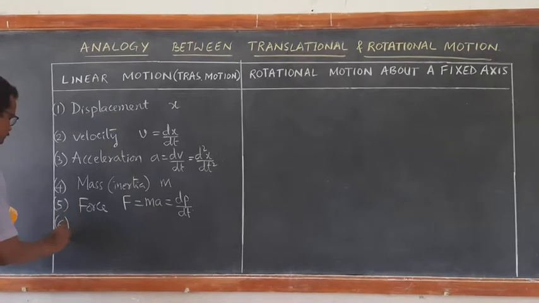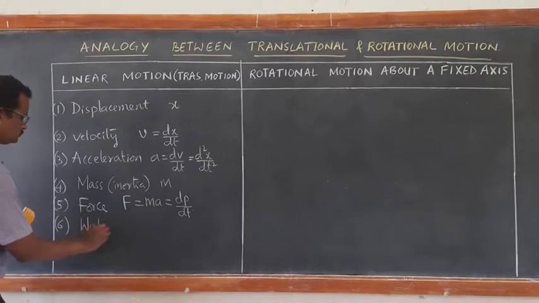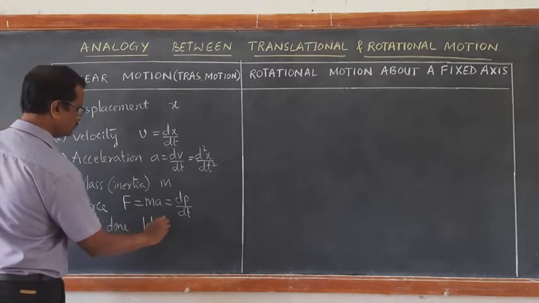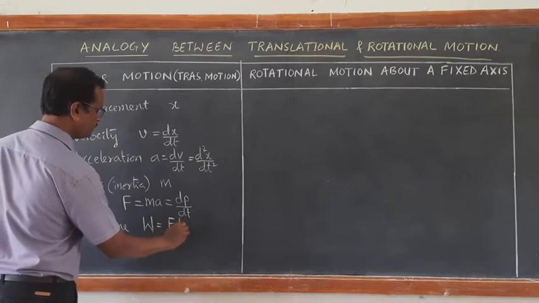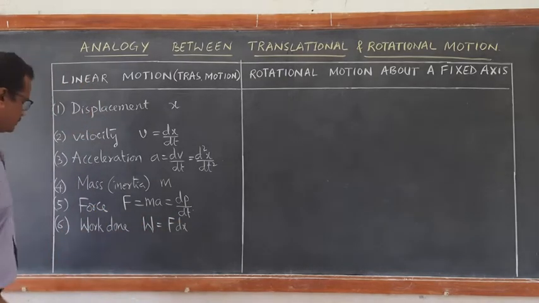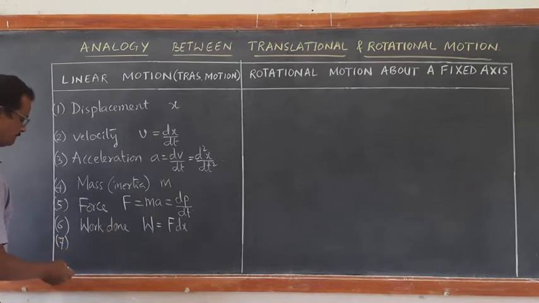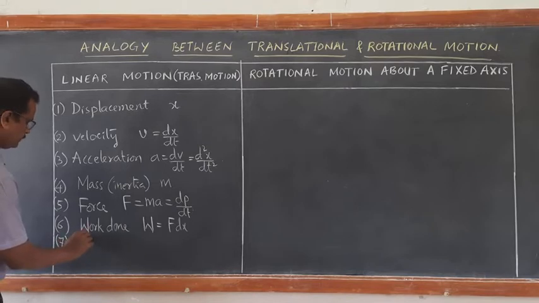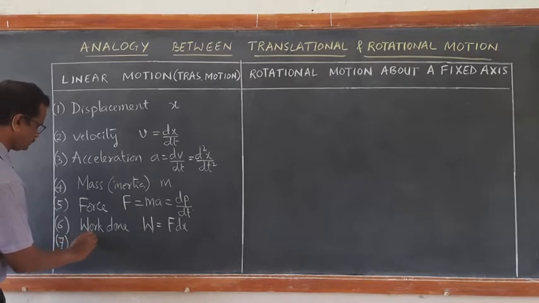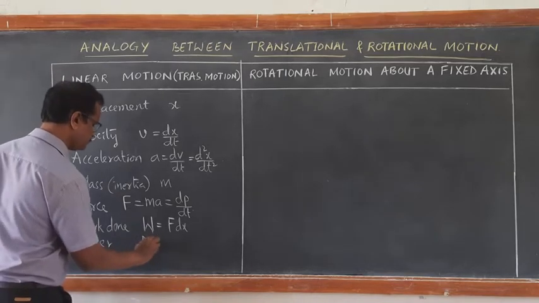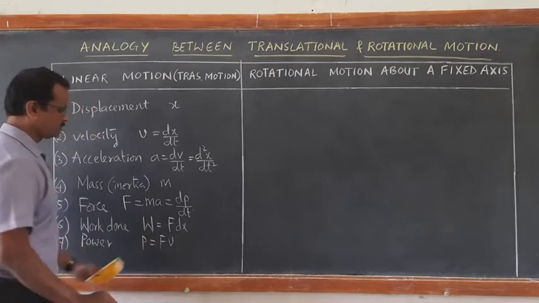Then we learned work done, W is equal to F into dx, force into displacement. Then power, P is equal to the product of force and velocity.